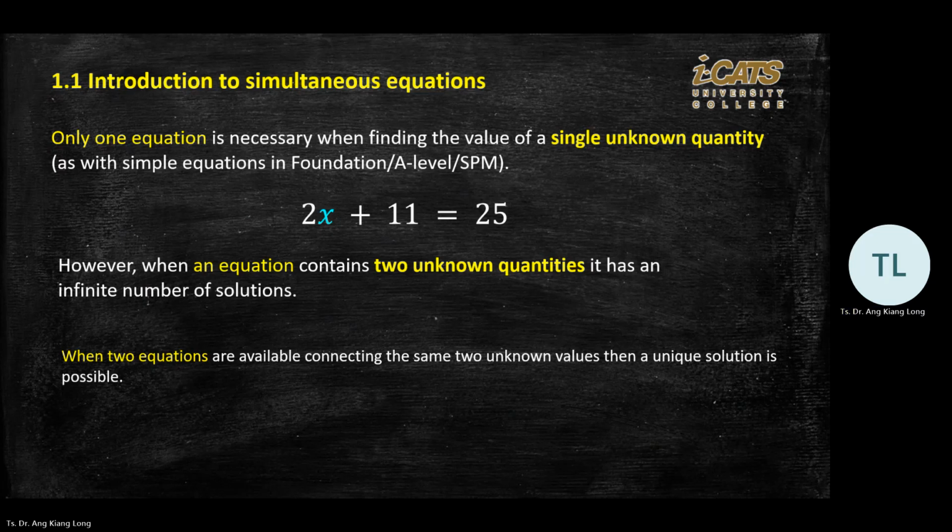So if you have one unknown, you need one equation. You have two unknowns, you need minimum two equations. You have three unknowns, you need minimum three equations, and so on. Okay. This chapter, I only ask you two unknowns. For example, you know got two unknowns, got X and Y to solve.